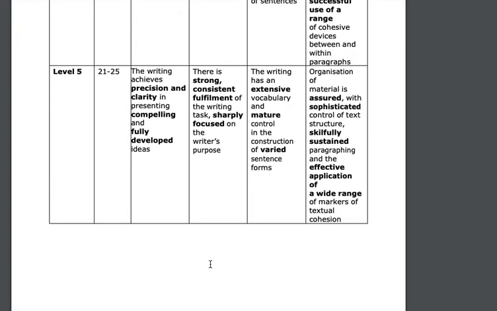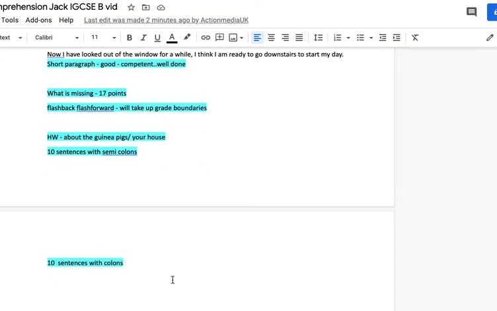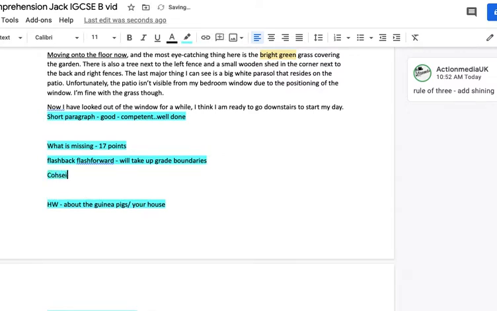Okay. Yeah, so I'm just going to put that here then. So okay, what is missing? Cohesion markers. That's what they call them. Anyway, that's what they call cohesion markers. So I want to look at basically, and then also I want to look at sentence structure.